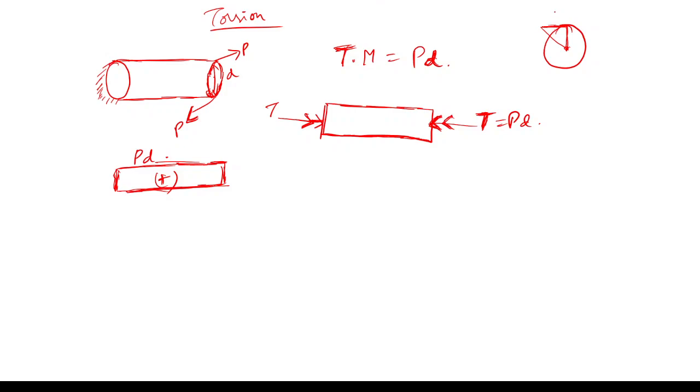So based on that, we are intuitively saying it is 0 at the center, and maximum at the periphery.